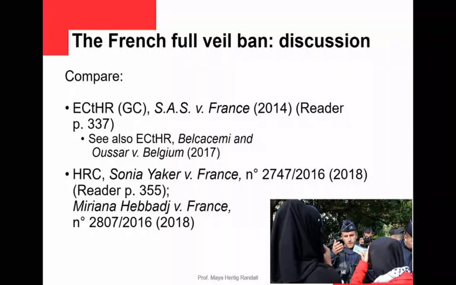So there can be different views taken. And the European Court does say in one passage that it does not accept gender equality because if it's the exercise of a right, it would mean you in a way protect the person against herself. So it's an anti-paternalism argument.